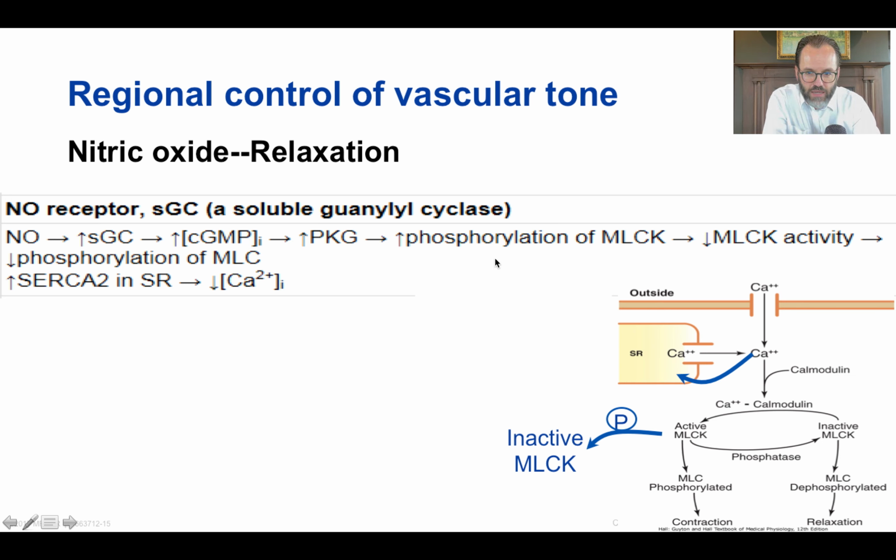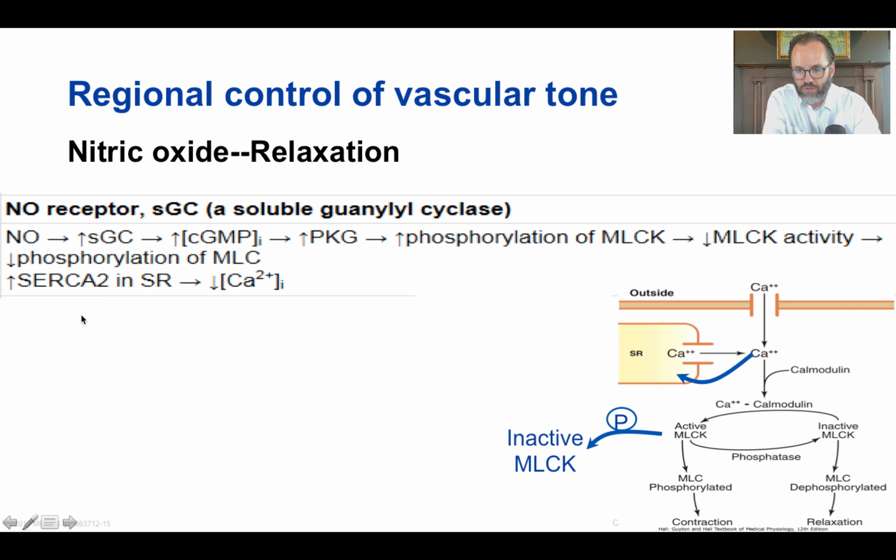That increases protein kinase G activation, and that subsequently results in increased phosphorylation of myosin light chain kinase, which reduces its activity. So you can see, as depicted down here, the phosphorylation of this enzyme at specific sites results in its inactivation. That subsequently reduces the phosphorylation of myosin light chains, and since this is inactive, what you have is relaxation.